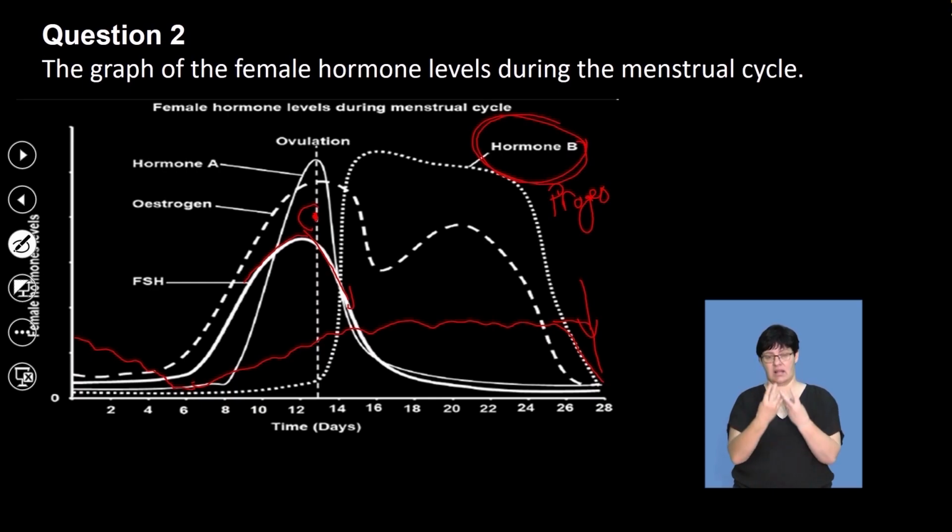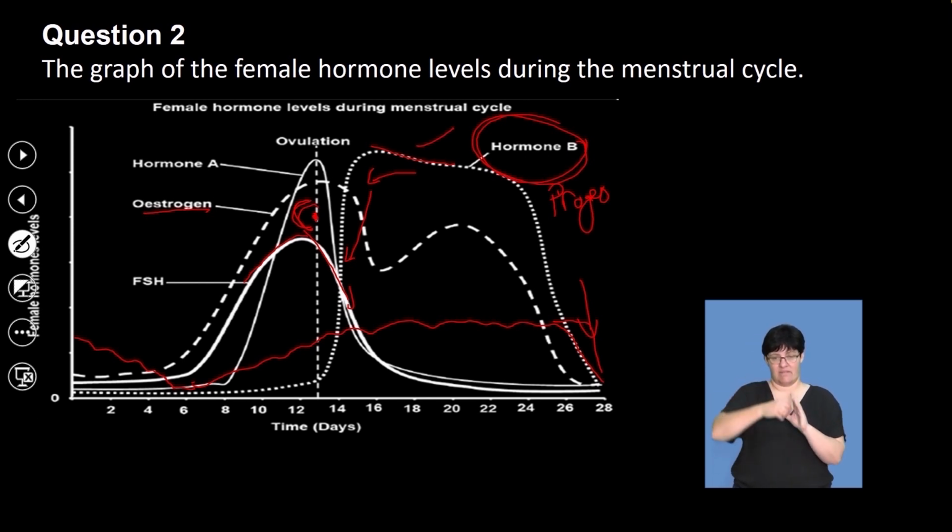So we have the stimulus, which is the Graafian follicle, now removed. And so we find that the level of progesterone has a negative feedback on the level of estrogen, causing it to decrease and maintaining the function of the endometrial lining by producing more progesterone.